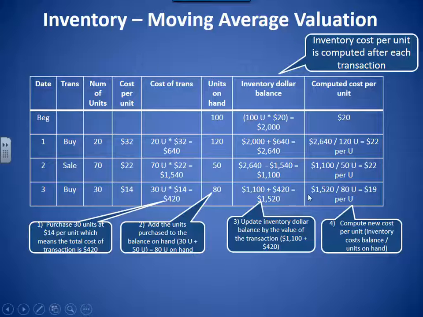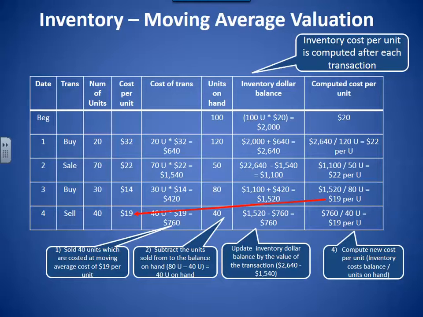Now we take that $1,520 and divide it by the 80 units that we have on hand. Our new moving average cost is $19 a unit. So all the units of inventory are now valued at $19 a unit.